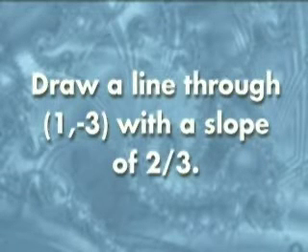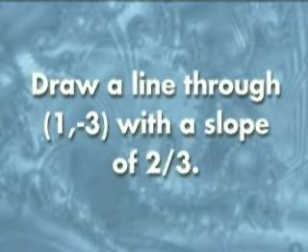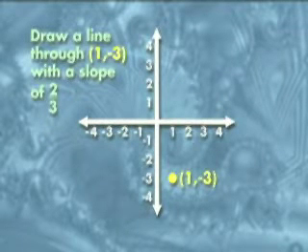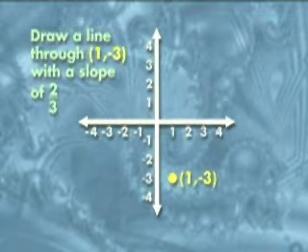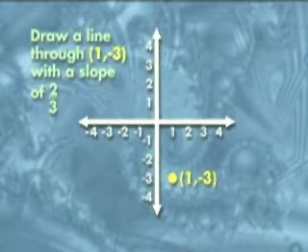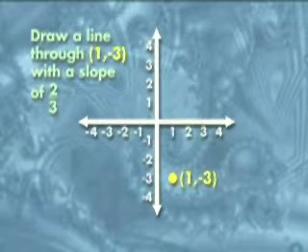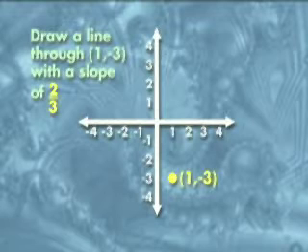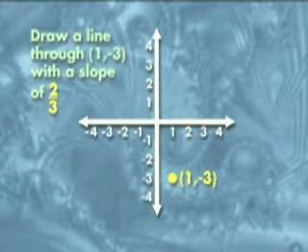All right, let's see how you did. To draw a line with a given slope through a given point, the first thing you need to do is to plot the point. So, plot 1, -3 on your graph. Next, you use the slope to find another point on the line. The given slope is 2/3, which means that the rise is 2 and the run is 3.